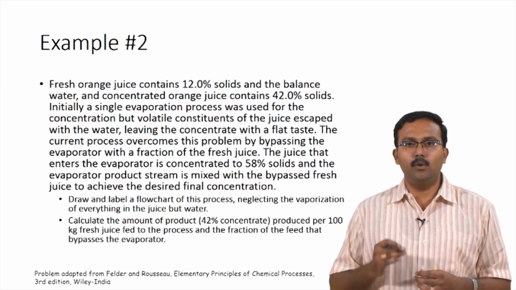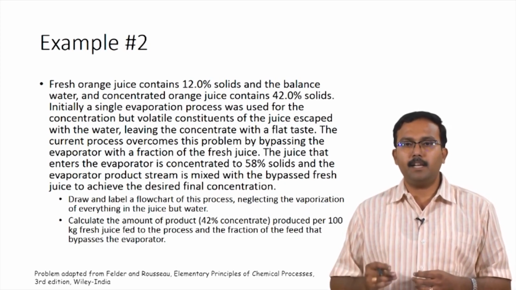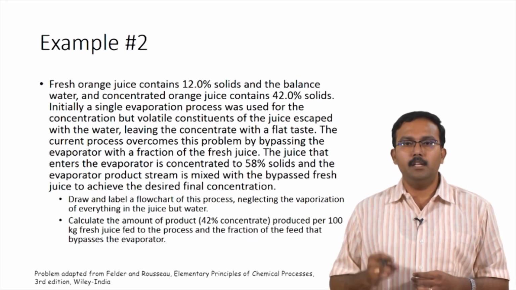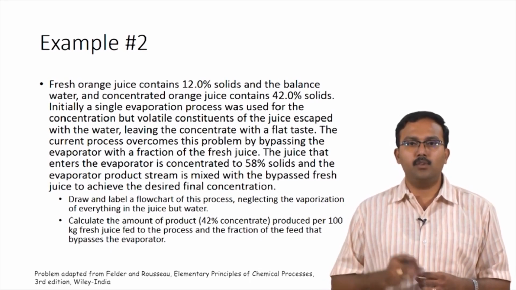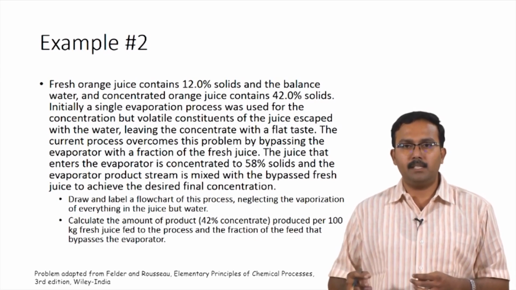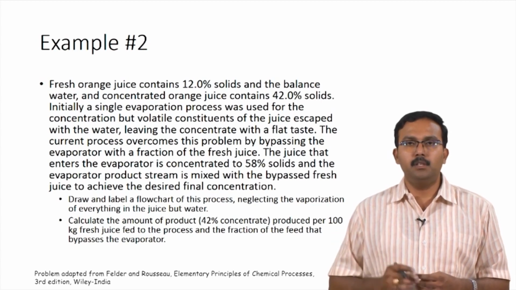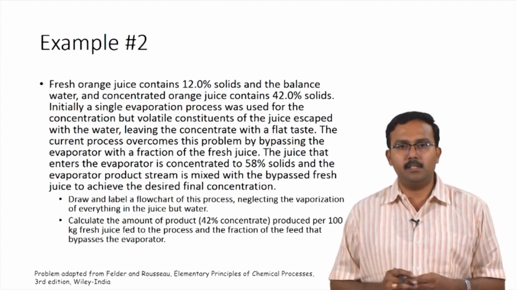The current process overcomes this problem by bypassing the evaporator with a fraction of the fresh juice, and the juice that enters the evaporator is concentrated to 58% solids, and the evaporator product stream is mixed with the bypassed fresh juice to achieve the desired final concentration.